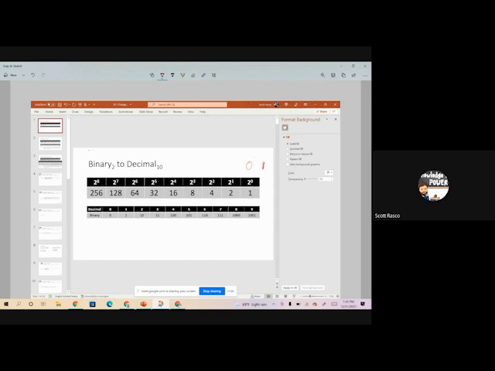So starting out with binary, zeros and ones, they have been able to do many, many things that a normal person or system would not be able to do.